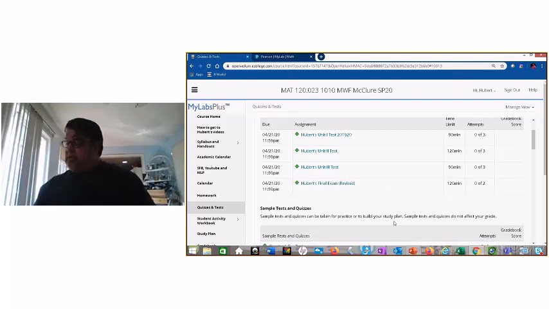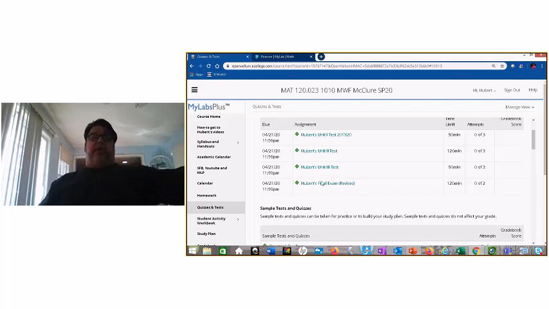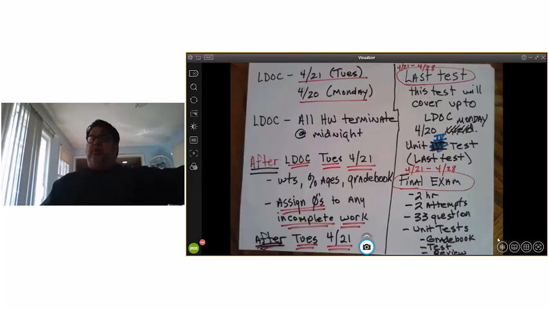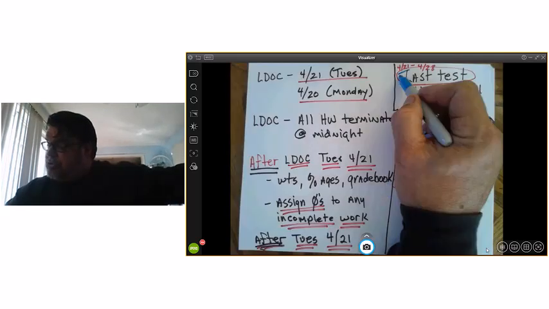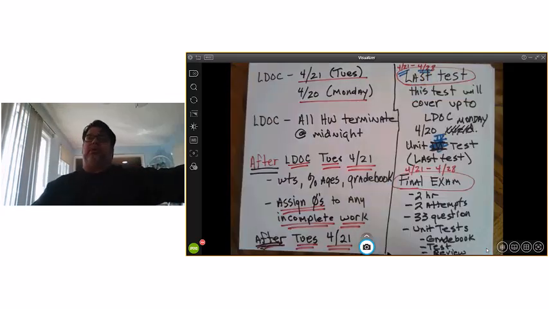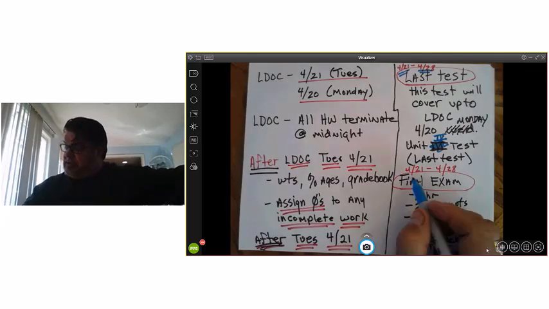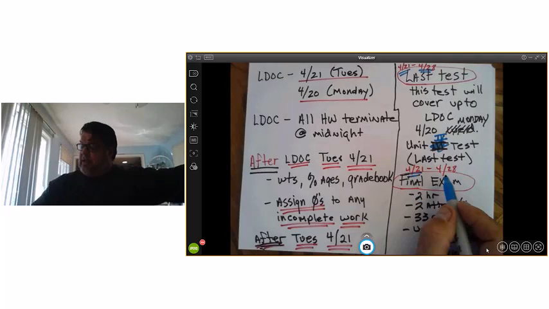I'll change that. It'll be right here between the Unit 3 test and the final exam. That's the last two things that you will have to take after 4/21, because your last test will start on 4/21 and end on 4/28, and your final exam will end on 4/28 also.